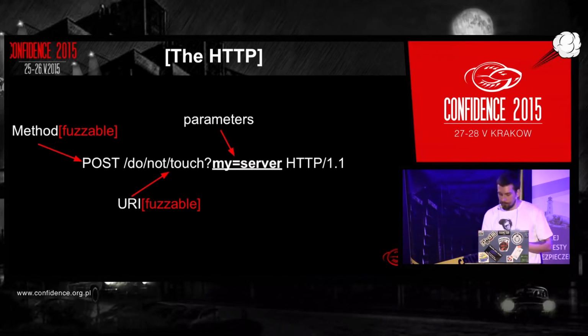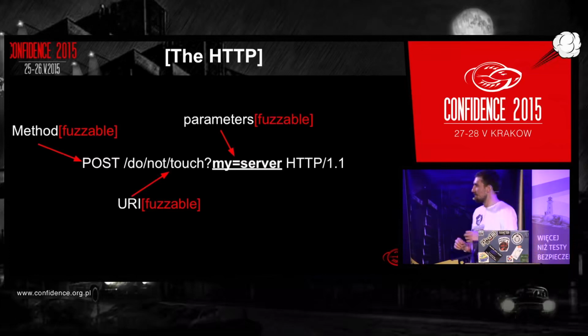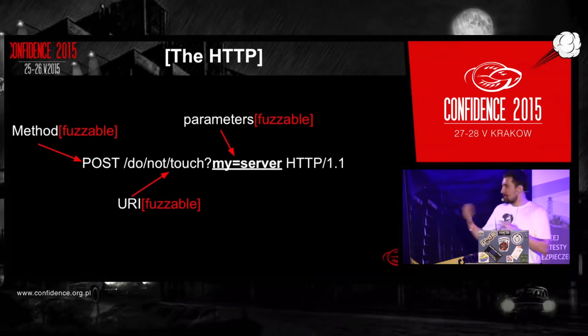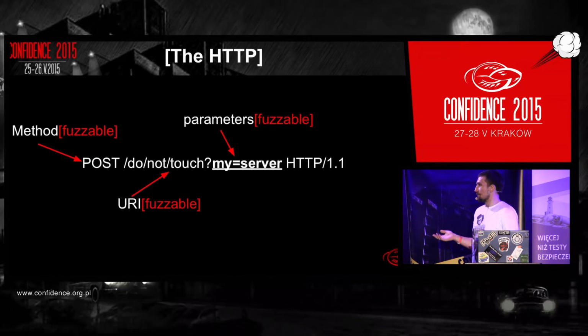So it must be fuzzed also, because such parameters may lead to some behavior which we cannot get by any other means. For example, using such parameters, we could call some API or some random binary.